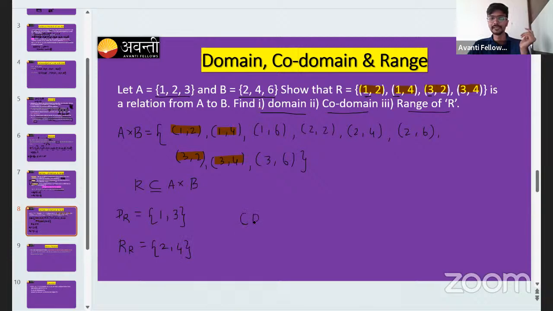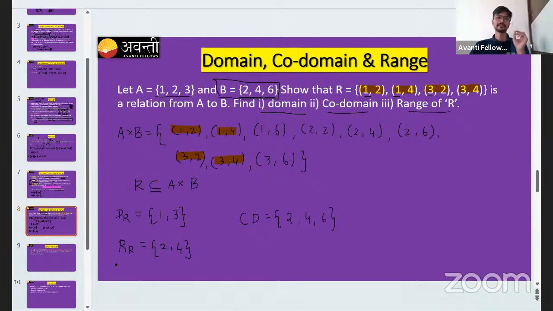Now, what is the codomain? If you remember the definition of codomain, if a relation is defined from set A to set B, then the whole set B is my codomain. Here, the first elements are from set A and the second elements are from set B, meaning R is defined from A to B, so my codomain will be entirely set B, which is 2, 4, and 6.